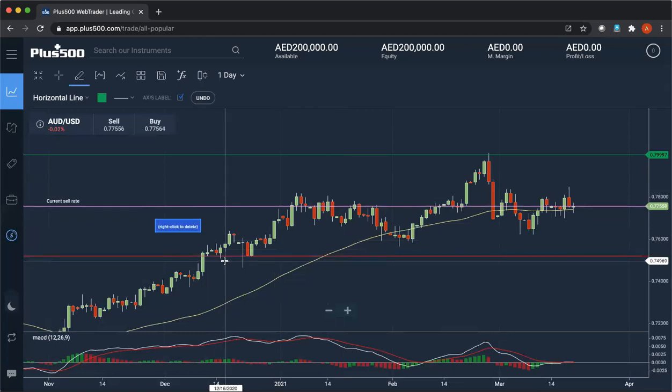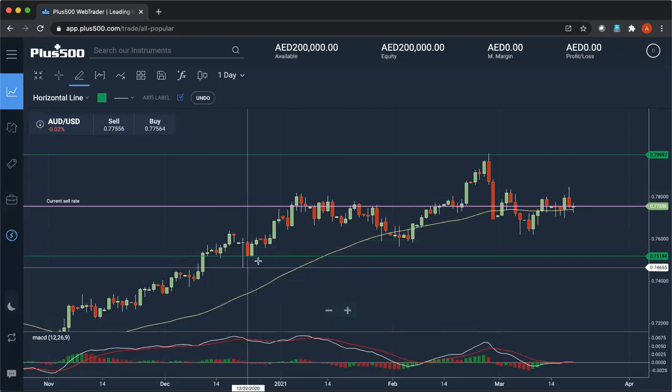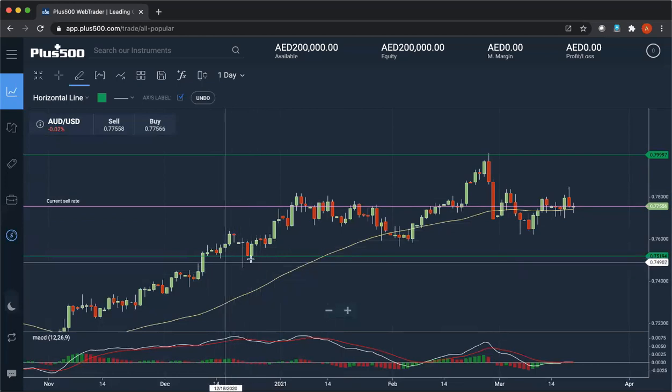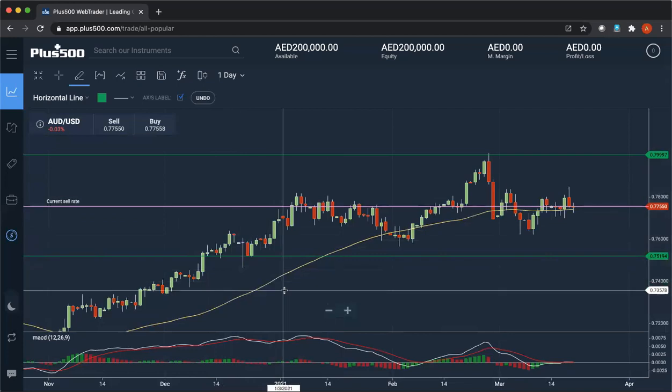It's acting as a support, going up, coming back, retesting, and giving us the double bottom. We can see this IPL acting as support.